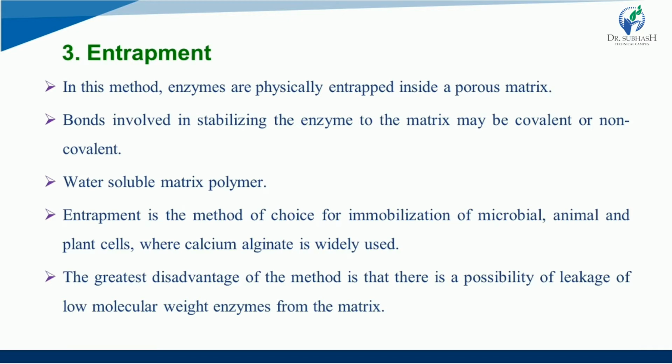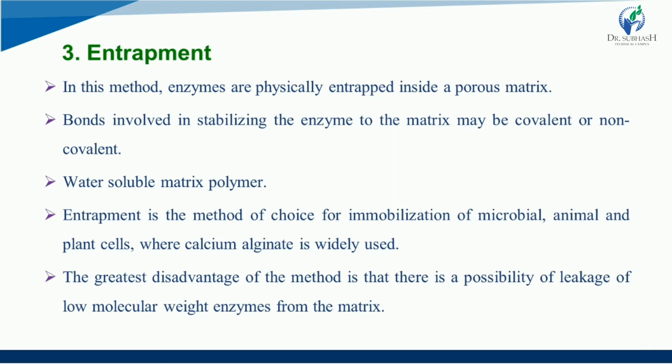And there is one example. Enzyme may be entrapped in cellulose acetate fibers by, for example, making up an emulsion of enzyme plus cellulose acetate in methyl chloride, followed by extrusion through a spinneret into a solution of an aqueous precipitant. So that is one type of example. It is nothing but an entrapment.